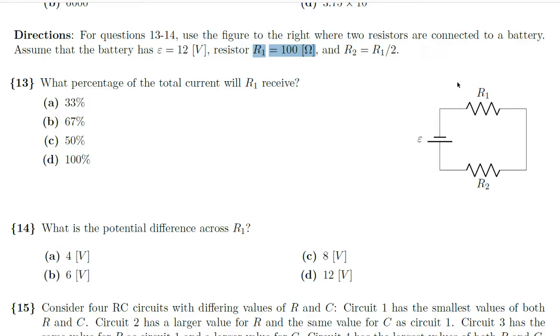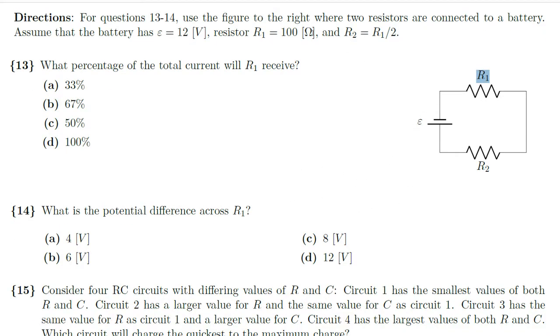And since it specifically takes up 100 ohms out of 150, that's the same as saying 2/3. It gets 2/3 of the voltage. Therefore, if the voltage is 12, then 2/3 of it is 8. Resistor 1 gets 8 volts, and resistor 2 gets 4 volts for a total of 12.